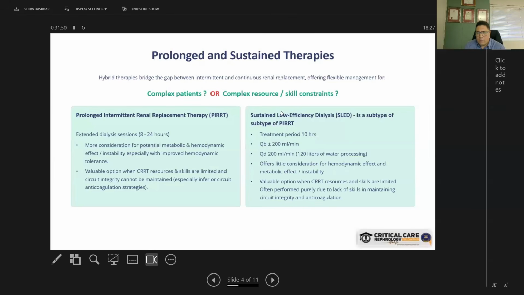And I would argue that people utilize SLED therapy really as, once again, lacking the resources and skills that would allow you to do continuous, uninterrupted dialysis therapy, due to poor anticoagulation and inability to sustain the filter life.